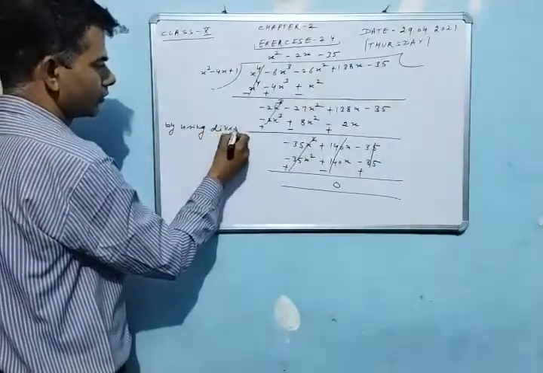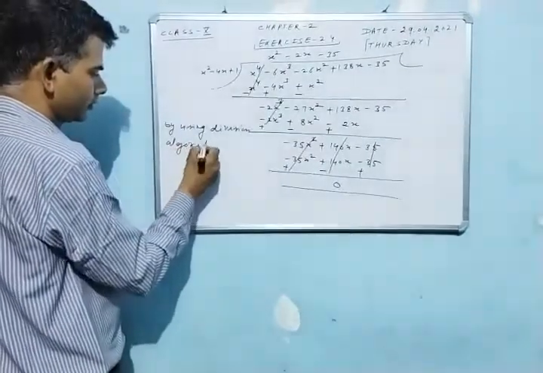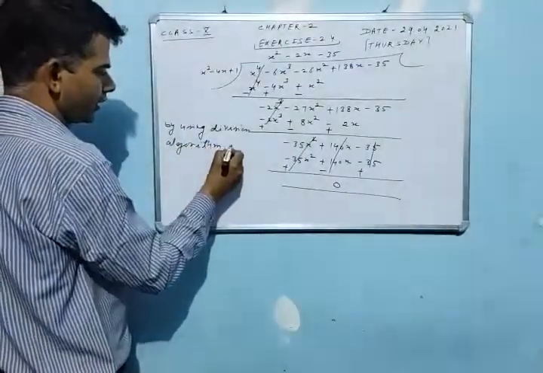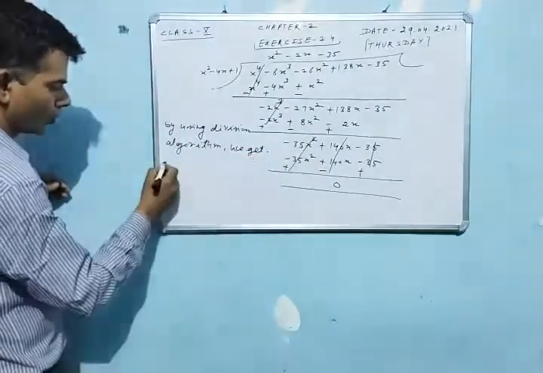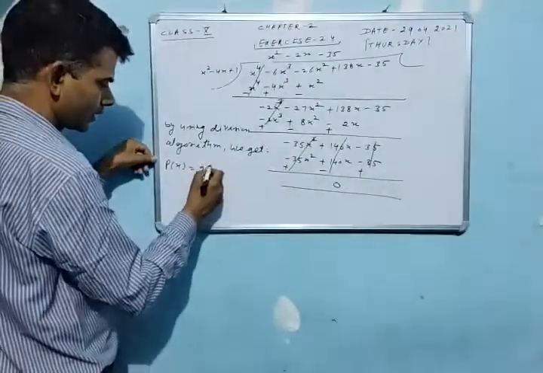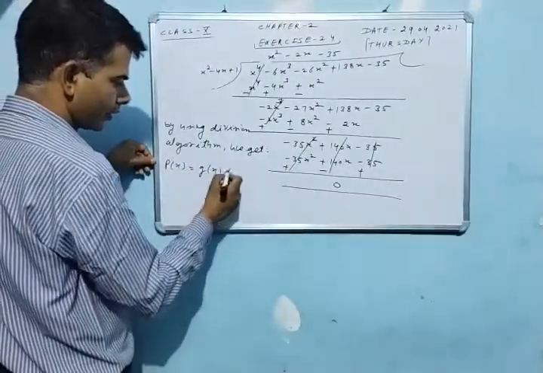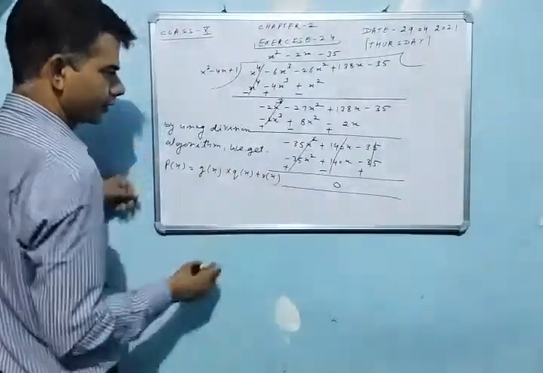By using division algorithm, we get, now student, p of x is equal to, dividend is equal to g of x multiplied q of x plus r of x.